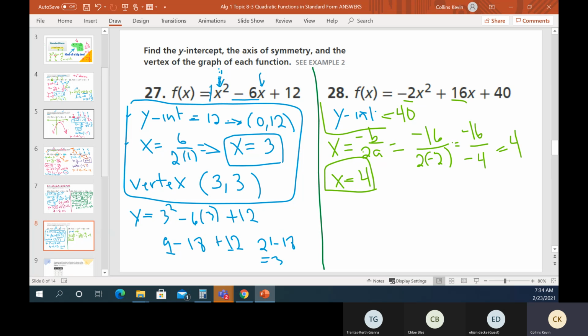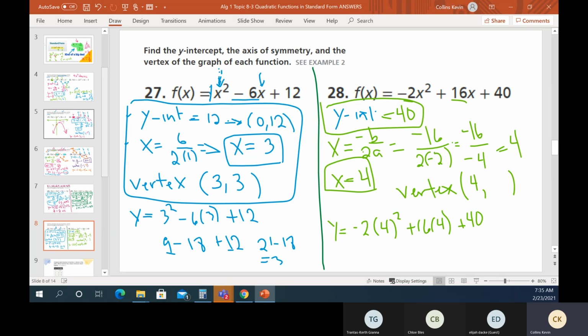So we've got that guy, we've got our y-intercept. Cool. Now we've got to have our vertex already. That's a good thing. So vertex is going to be, first guy's 4. Now to figure out the second guy, we got to plug some numbers in, right? So we're going to do y equals minus 2 times 4 squared plus 16 times 4 plus 40. Just to be on the safe side, we'll use our calculator on this guy once we get there.